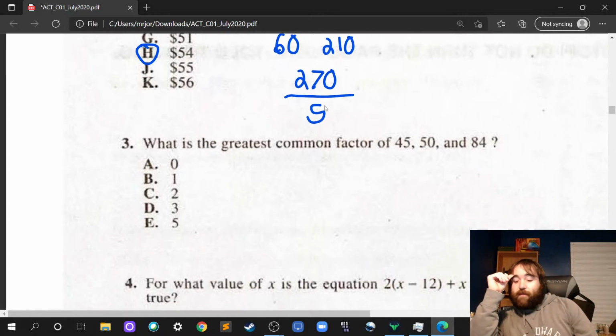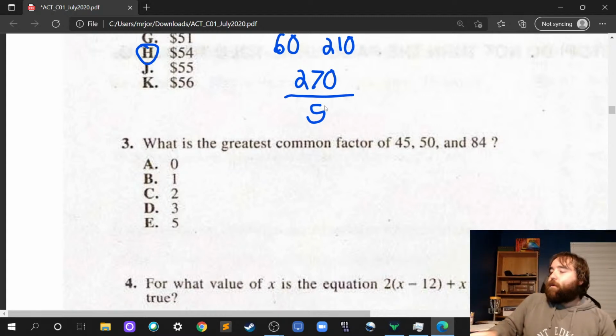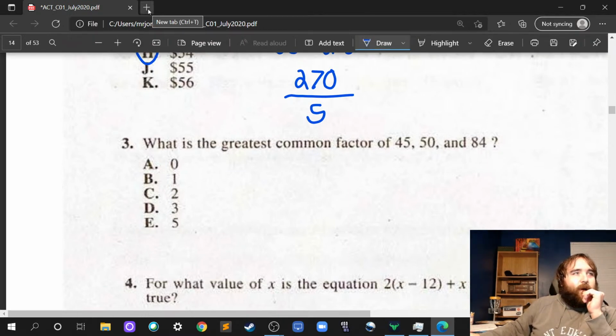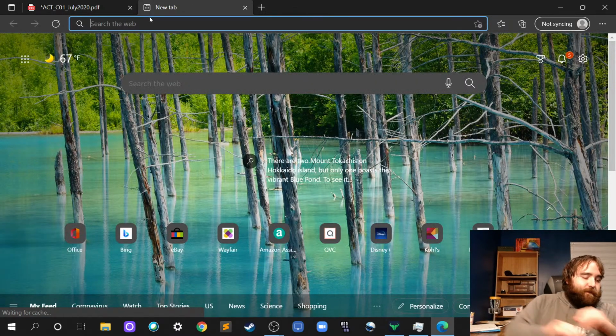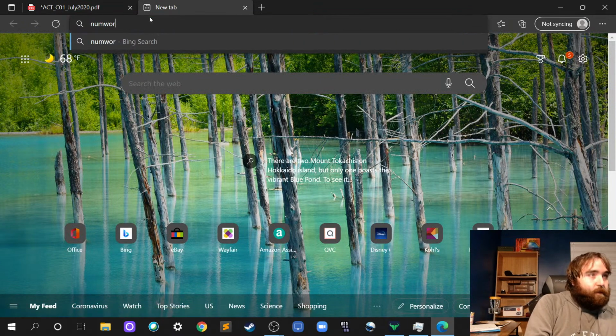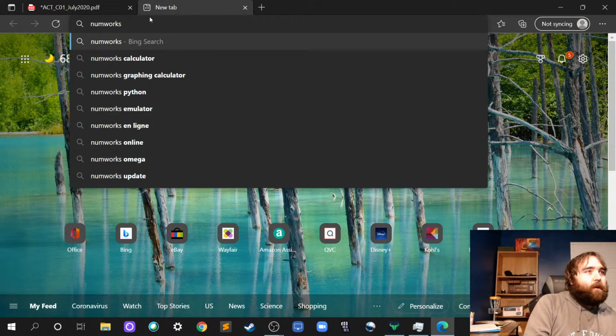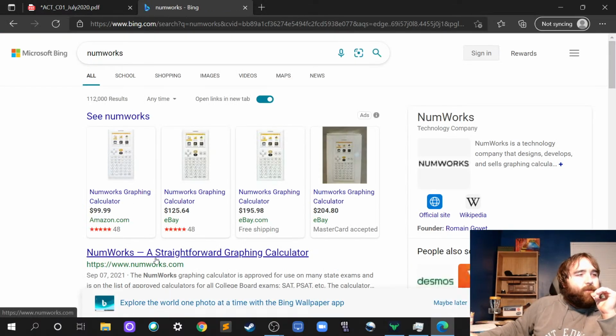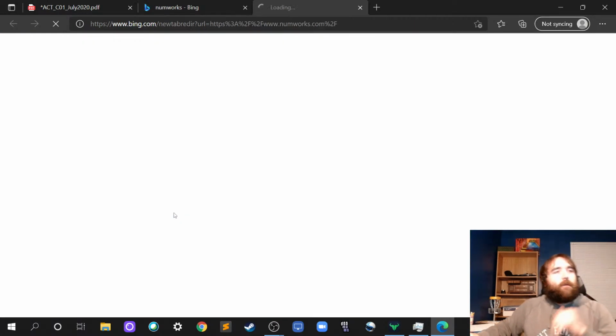Alright, so greatest common factor of 45 and 50 and 84. Okay. So I could definitely do this by hand, but I'm pretty sure this is an internet browser. I want to see if NumWorks can do this. I'm pretty sure they can.